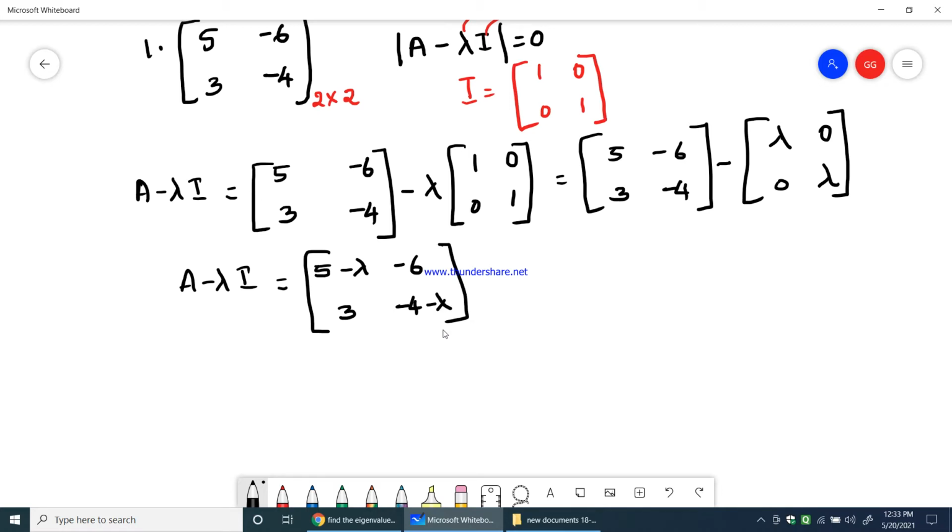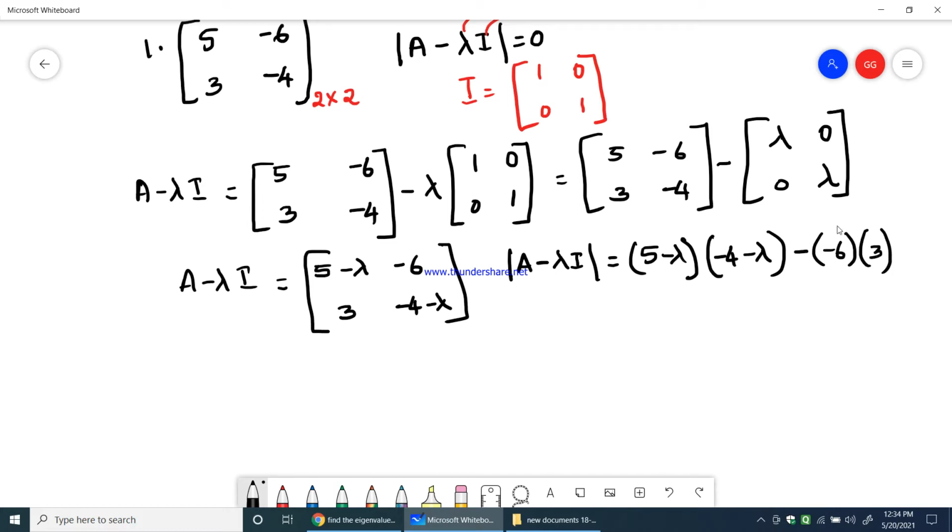Now we need to take the determinant of A minus lambda I, which will be equal to 5 minus lambda multiplied by minus 4 minus lambda, minus of minus 6 into 3. This is how the determinant is computed.